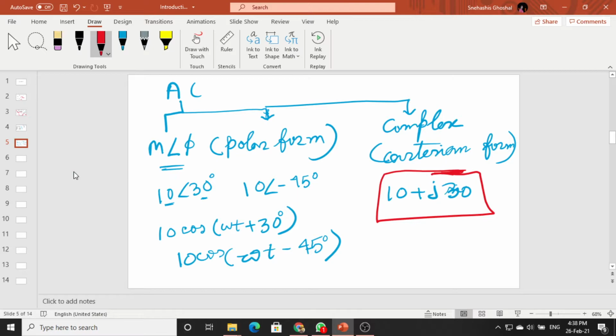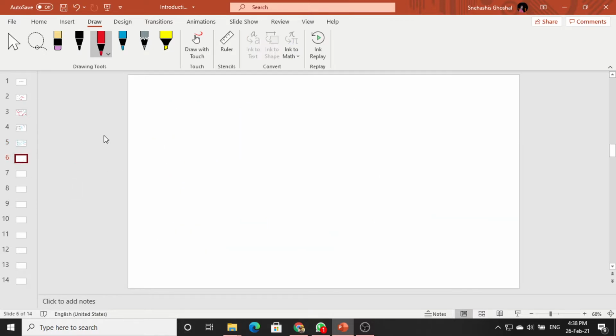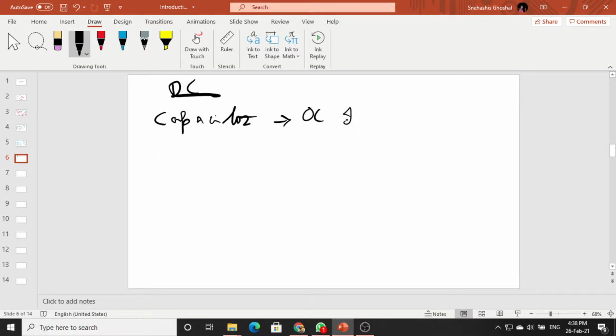In this regard, let me tell you one thing. In case of DC, we stated that capacitor in steady state was open circuited and inductor in steady state was short circuited. But in case of AC, there was a concept of resistance.